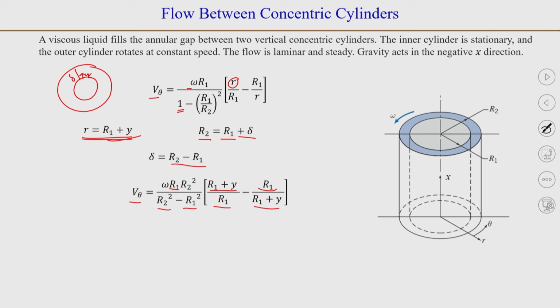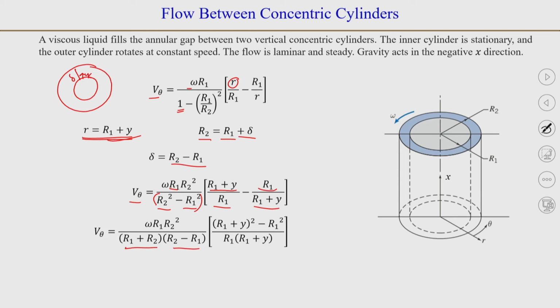Now, we can write this R 2 plus R 1 into R 2 minus R 1. So, that is what we have done here. Then we can simplify the term in the bracket. So, when you take LCM, it will be R 1 into R 1 plus y. The first term becomes R 1 plus y squared minus R 1 squared.